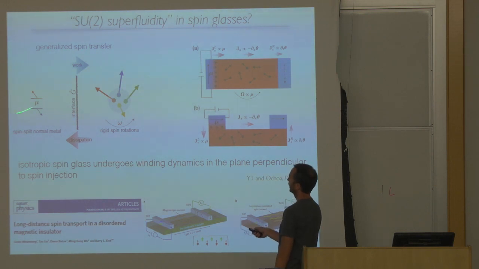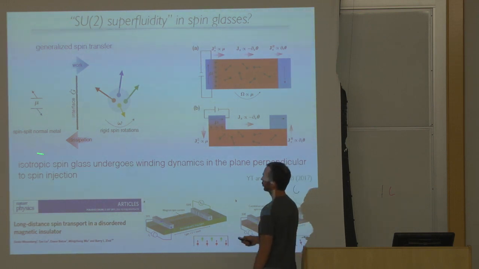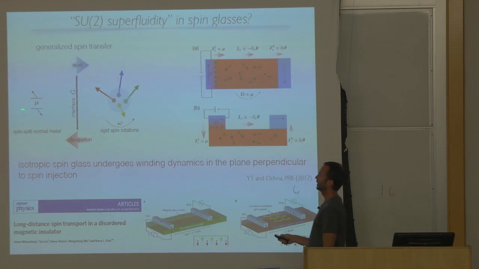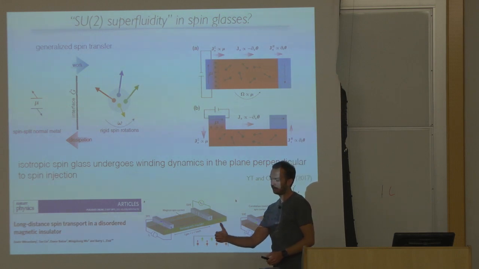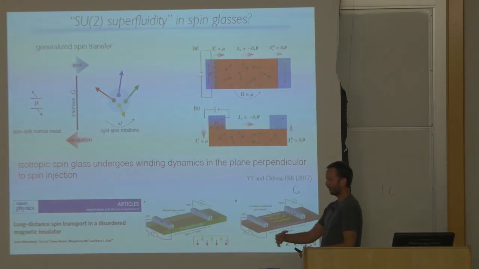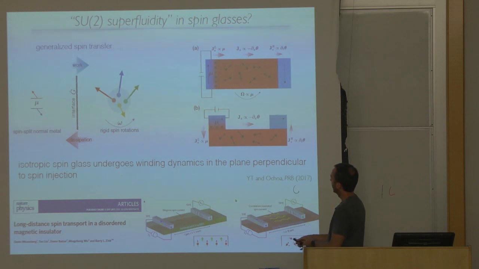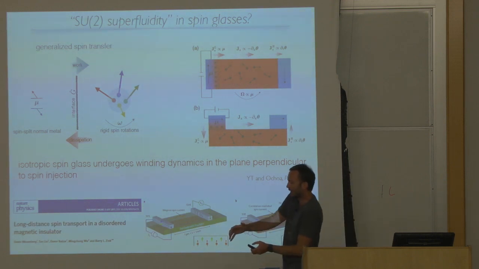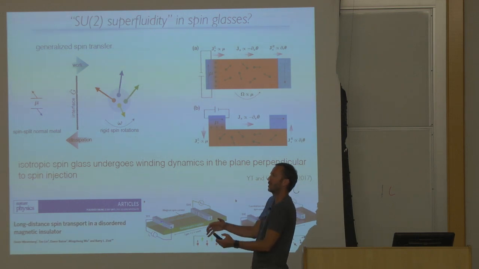And we can use the same trick of applying, back to the spin Hall effect, spin accumulation and using spin accumulation to trigger winding dynamics. Now, that winding dynamics doesn't have to lie in the easy plane. In fact, now we can inject spin oriented arbitrarily, and in a spin glass, the spin glass will naturally wind in the plane perpendicular to the spin injection.